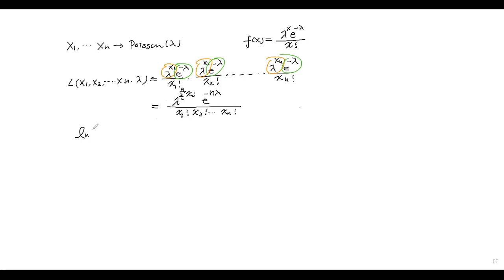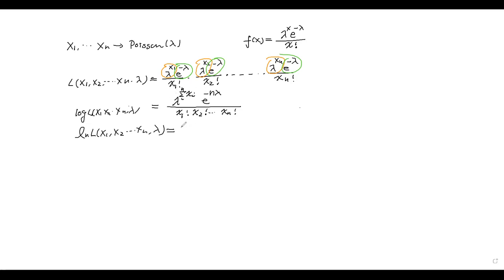If I take the ln of the likelihood function, sometimes in textbooks instead of ln you will just see people use log, but basically it means the natural log, so it doesn't matter, it's just notation.